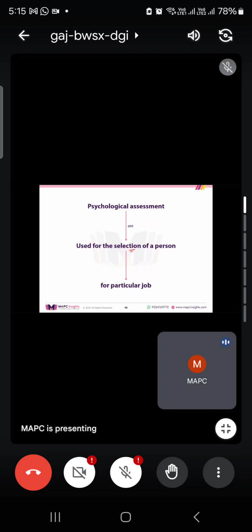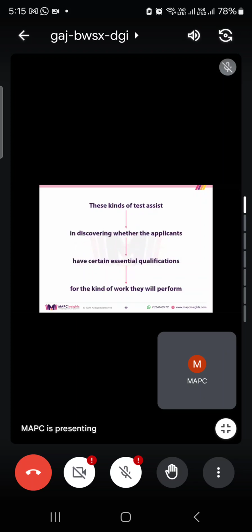We already discussed it is normally used for selection of a person for a particular job. Psychological tests also assist in discovering whether the applicant has certain essential qualifications for the kind of work they will perform. Whether the candidate has the qualities to perform a particular job.